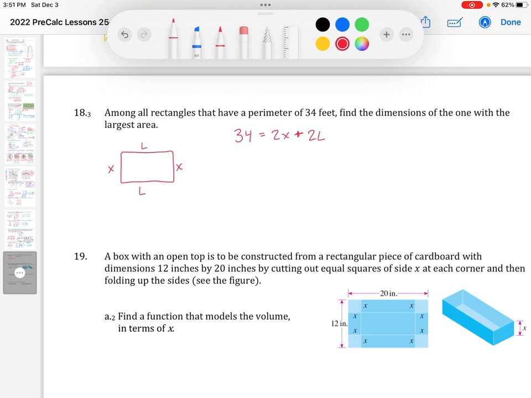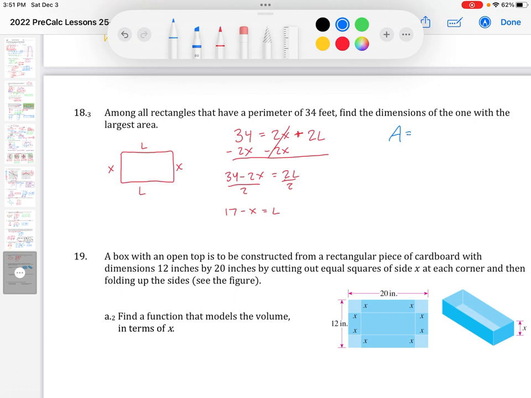All right, and I want to solve this for one of the variables. I'm going to solve it for L so that I just have X in my final equation. All right, so these cancel. We get 34 minus 2X equals 2L. And if we divide everything by 2, we get 17 minus X is the length.